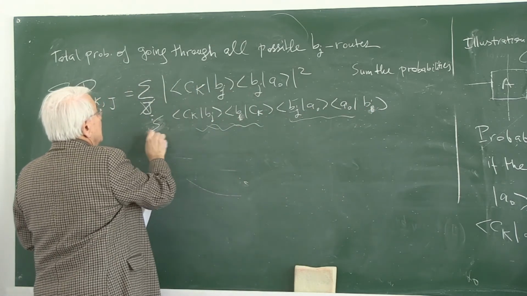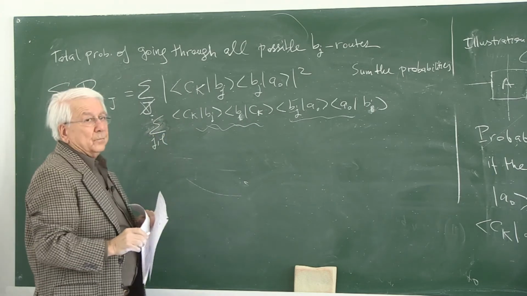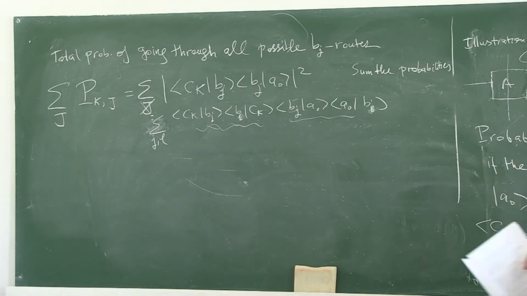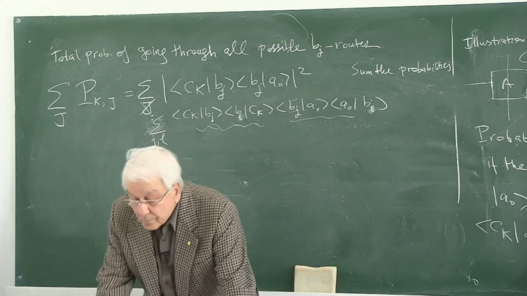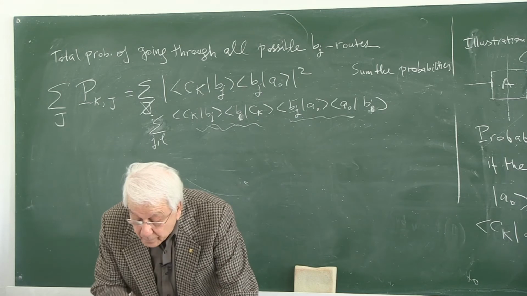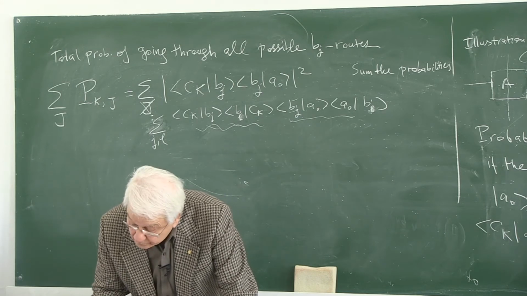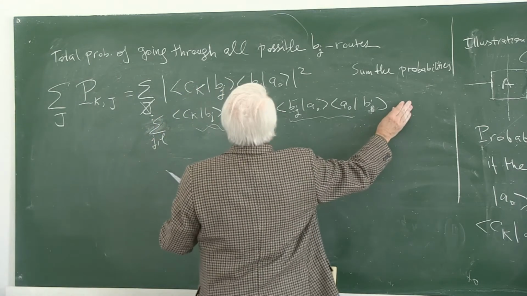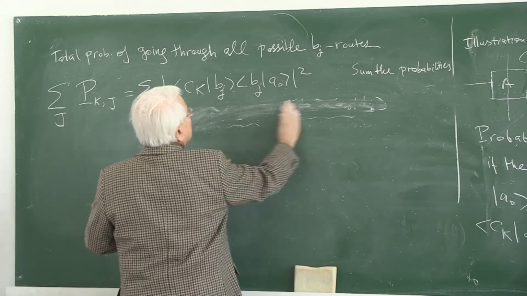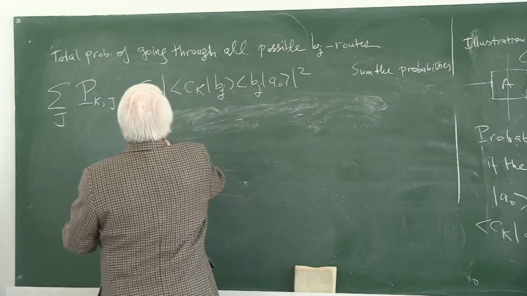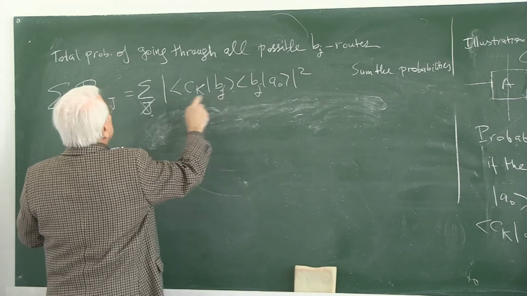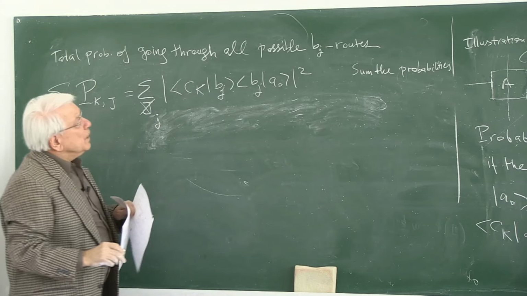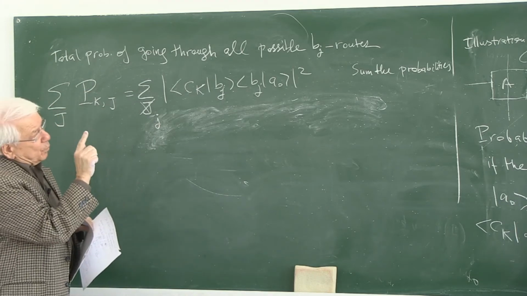In the second line, it is sum over J and L. Right? No, I'm sorry. Let's leave it as it is. Just change this to J. I don't want to confuse you. No, let's leave it as we sum the probabilities.